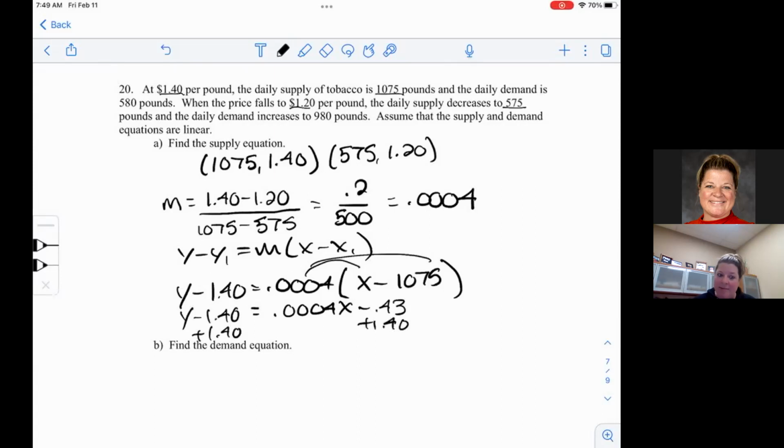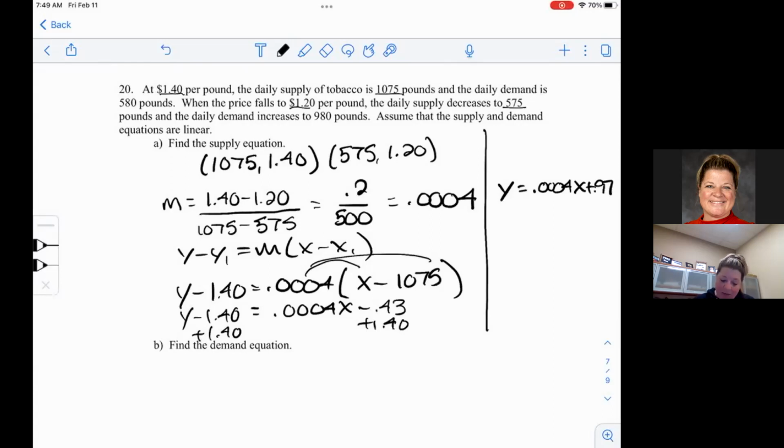Has to only go to the number at the end, right? So I'll just put my answer on this side. So I'm going to get y equals 0.0004x, and then negative 0.43 plus $1.40 is going to be a positive 97 cents.